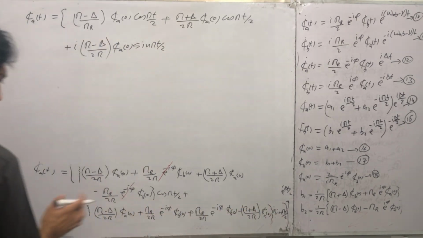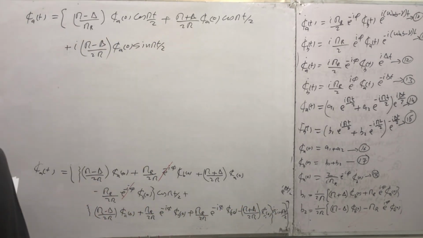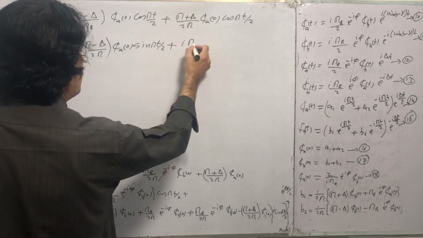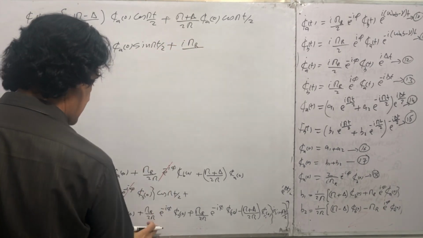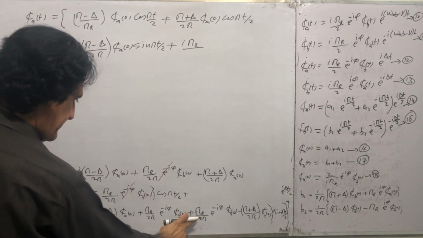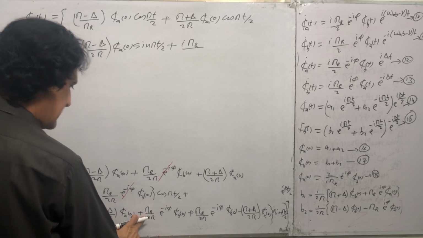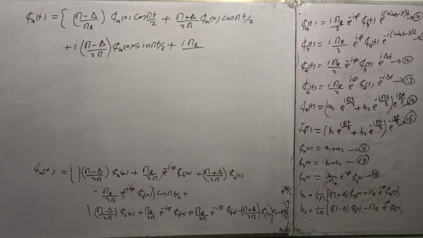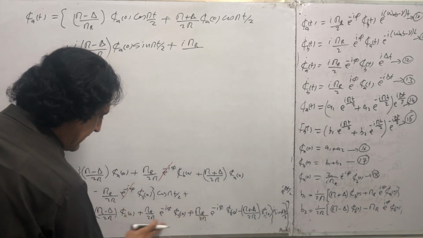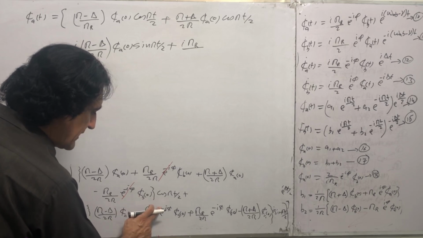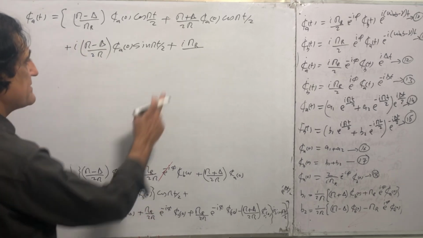Just I have multiplied this, and plus iota omega r divided by 2 omega, these two terms. These are exactly similar. Then we can add these two terms, and 2 omega r divided by 2 omega, the 2 will be cancelled out.